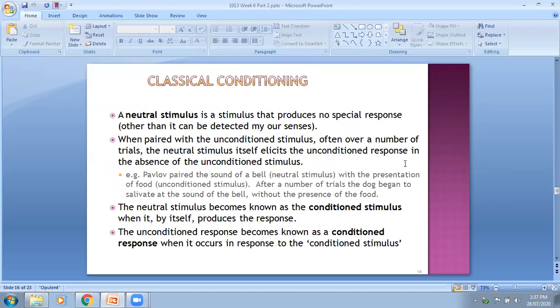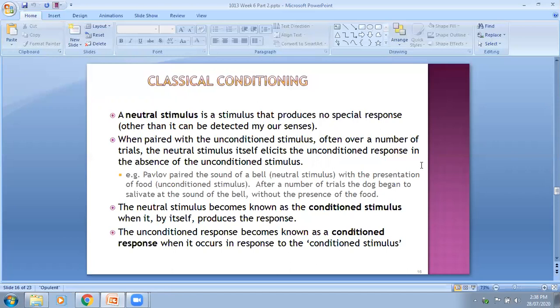The neutral stimulus is the stimulus that produces no special response. So this was the bell. So they paired the bell with the food and it was the neutral stimulus. Over time, the neutral stimulus can elicit the response. So he paired the sound of the bell with the presentation of the food. The bell was the neutral stimulus. The presentation of the food was the unconditioned stimulus. And after a number of trials, the dog began to salivate at the sound of the bell without the presence of the food.